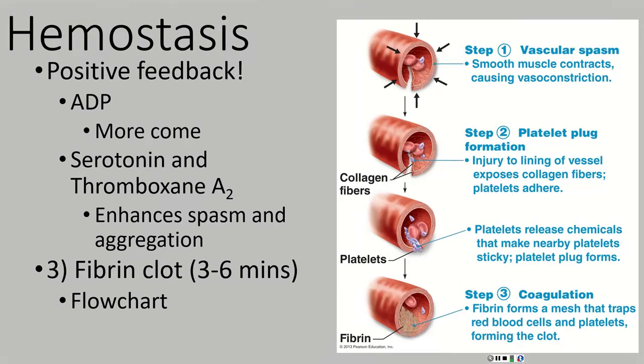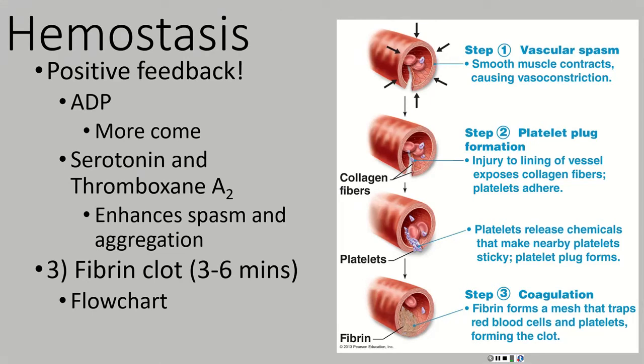Once these platelets get hung up in the collagen, we're going to start to release ADP, adenosine diphosphate. And the ADP is going to cause more platelets to come. And when more platelets come, they're going to get caught in that growing mass of platelets and collagen.